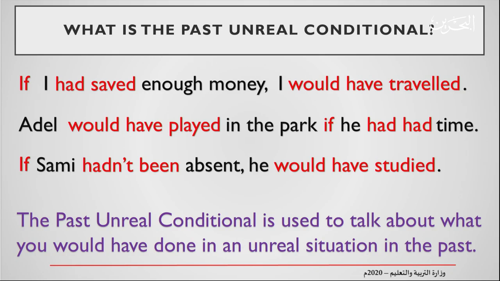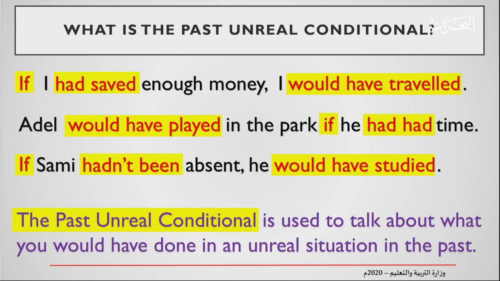So, the past unreal conditional: if, had saved, would have traveled, would have played, if, had, if, hadn't been, would have studied, is used to talk about what you would have done in an unreal situation.